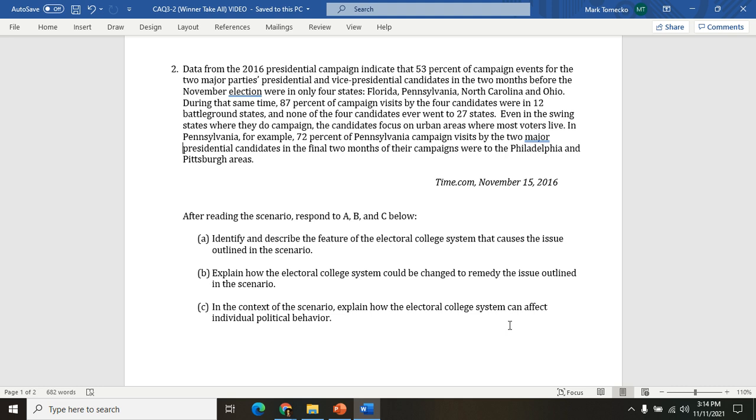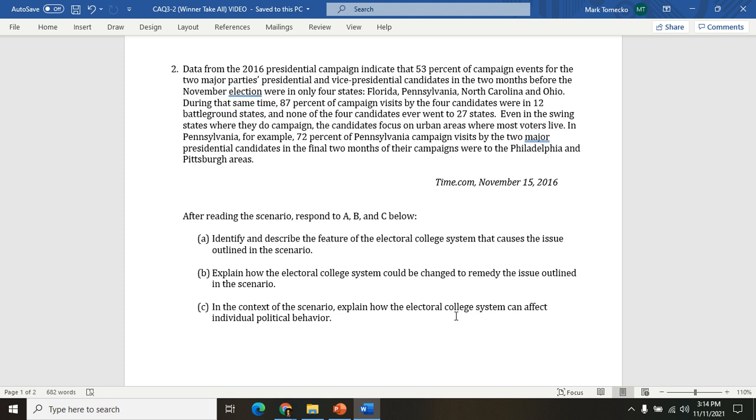So here you probably want to talk about something like, well, if I'm in one of these battleground or swing states where the candidates keep coming, that might make me more attentive to the election and thus more likely to vote. If I'm in one of those 27 states that candidates didn't visit, I may lose interest in the election and not vote.